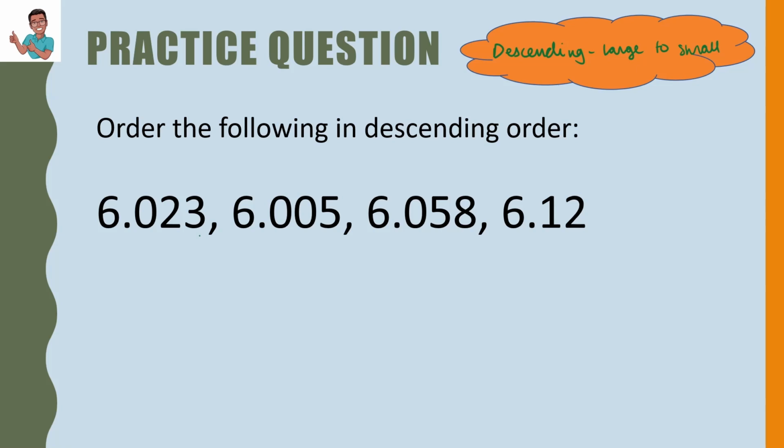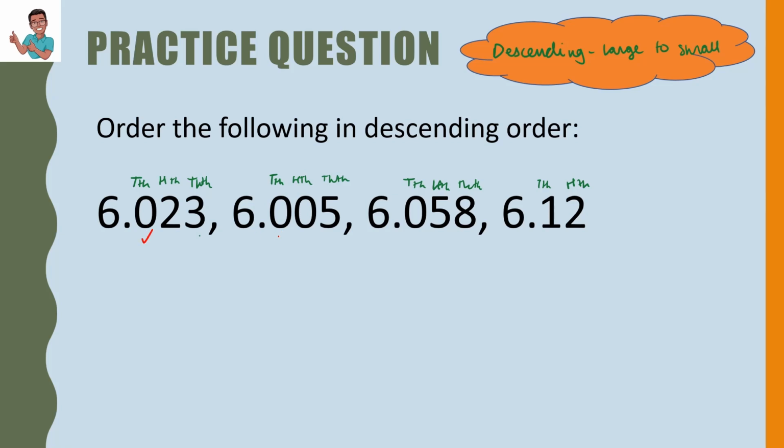Let's see how we can do this question. First of all, let's write our place values. For these types of questions, we have to split them into different sections based on the place value. We're going to be focusing on the tenths.